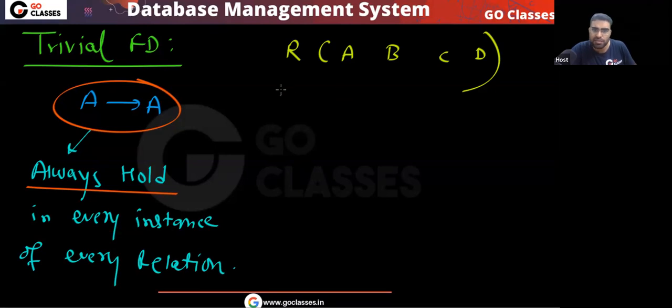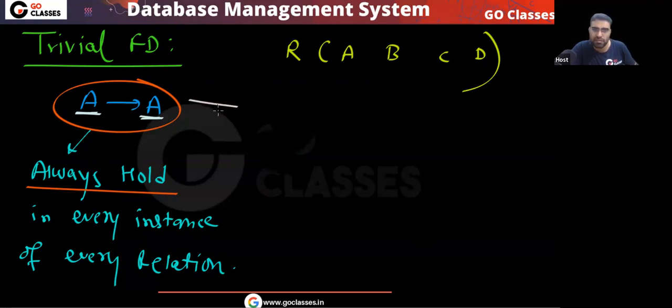Yes, very simple. In two tuples, if I give you the same A value, can you give me the value of A? If I give you the value of A, can you give me the value of A? Yes. Agree? Very simple point.